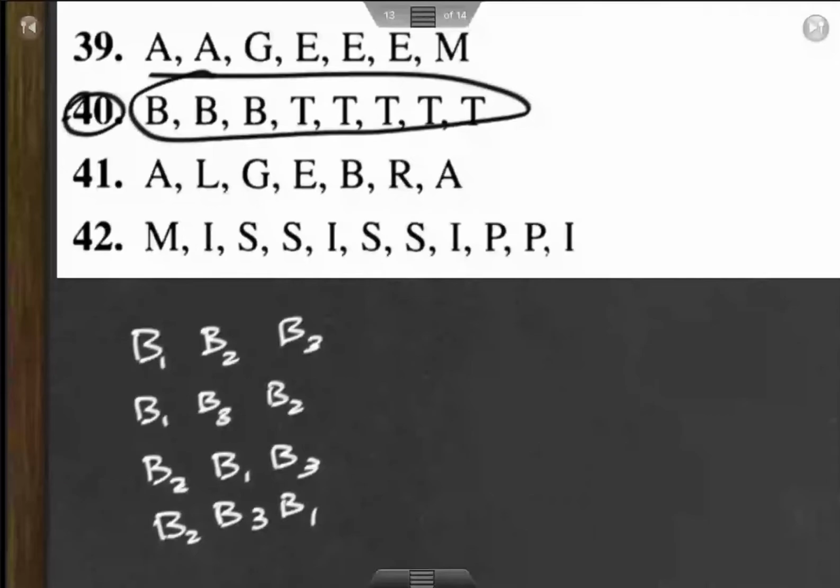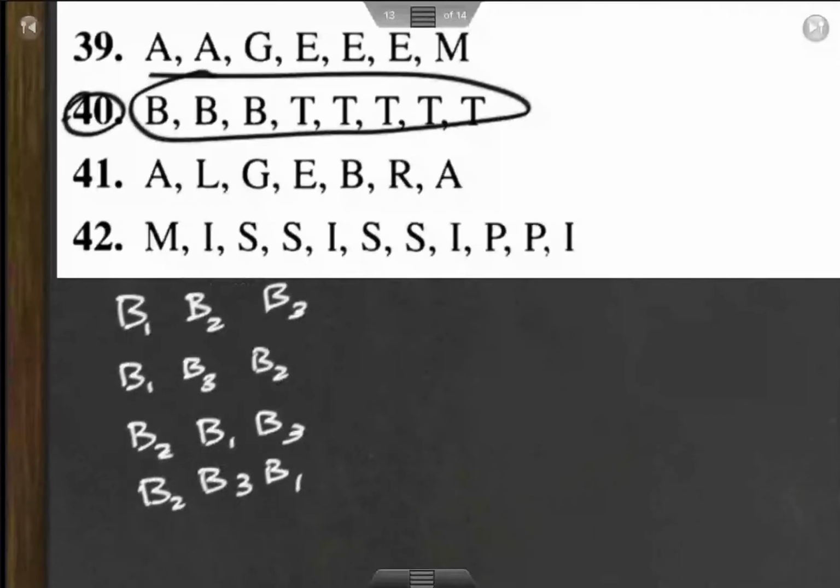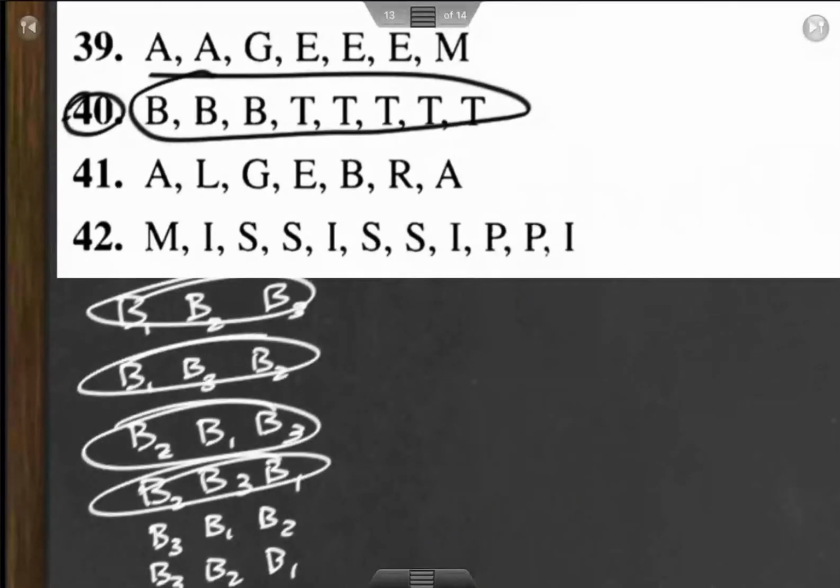Now let's say B sub 3 is first, then B sub 1, then B sub 2, and B sub 3, then B sub 2, then B sub 1. So how many different ways can we rearrange just the B's? 1, 2, 3, 4, 5, 6 different ways. We can arrange those B's 6 different ways.